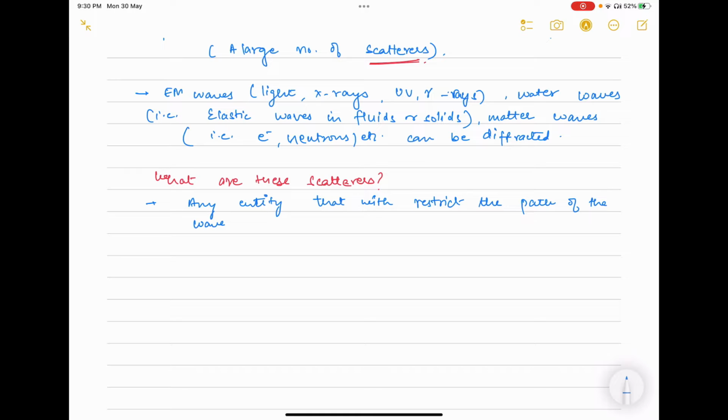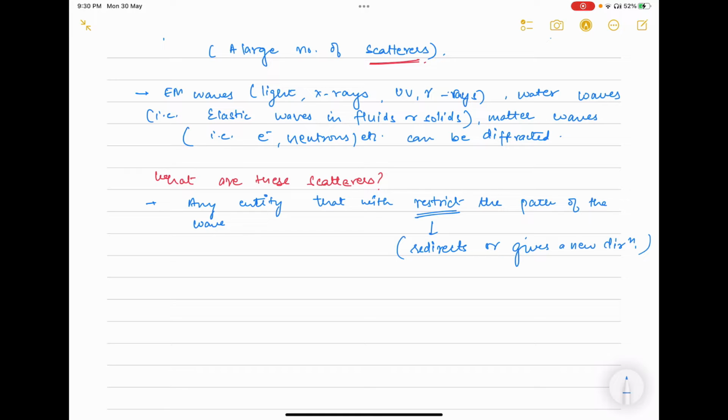By restriction, we mean it redirects or gives a new direction. Such entities can be termed scatterers.